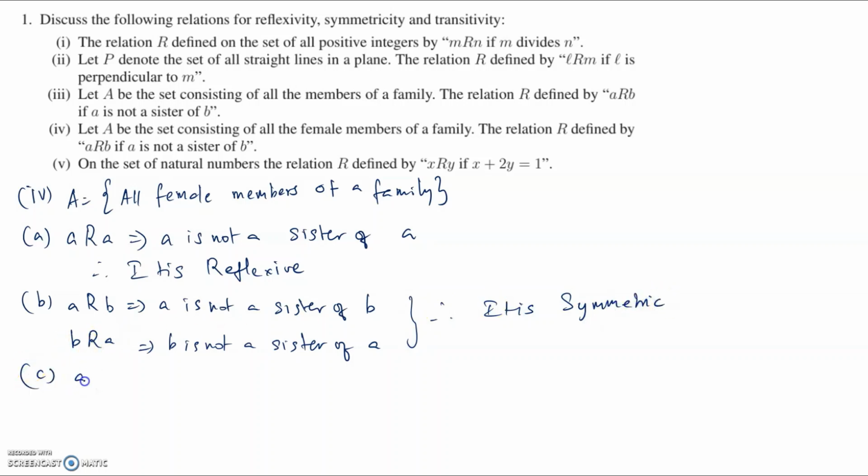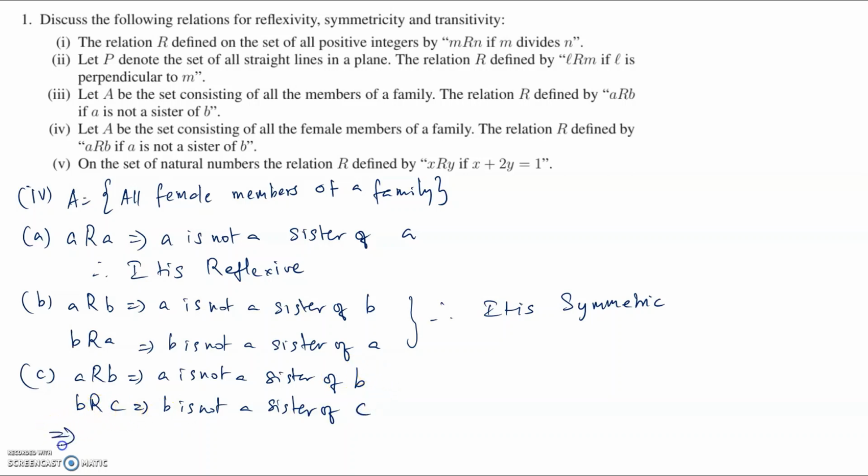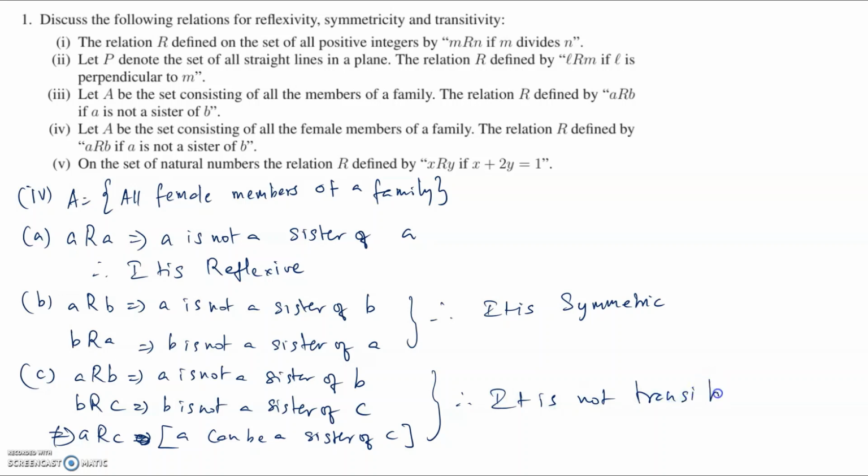And let's say A is not a sister of B, and B related to C, which is B is not a sister of C. But this might not imply that A is not a sister of C, because A can be a sister of C. Therefore, it is not transitive.